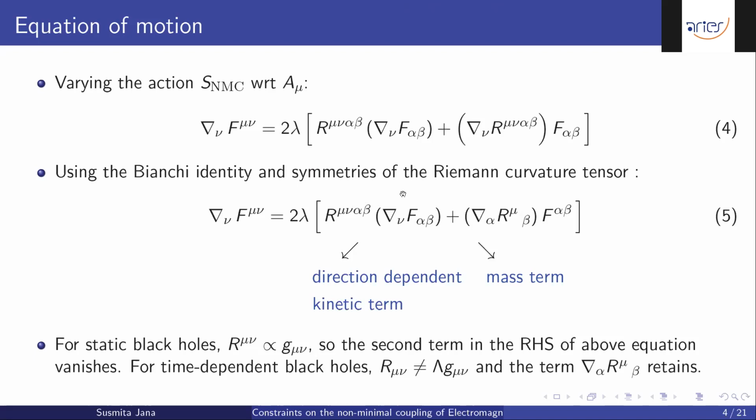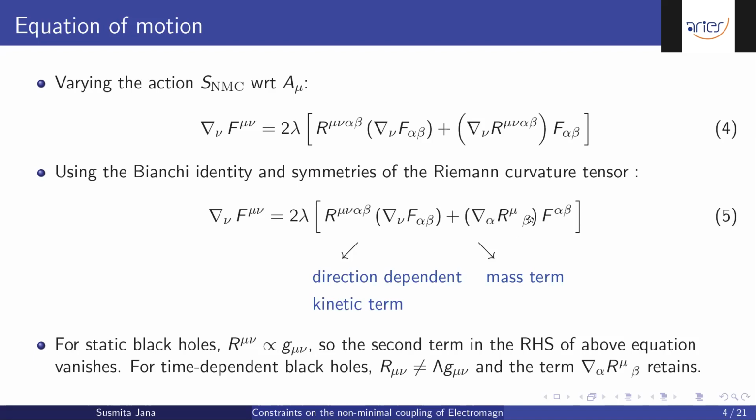As we will study this equation of motion near a black hole, the equation of motion depends on the type of black hole also. For instance, for a static black hole, where the Ricci tensor is proportional to the metric tensor, the second term that includes the covariant derivative of the Ricci tensor vanishes.